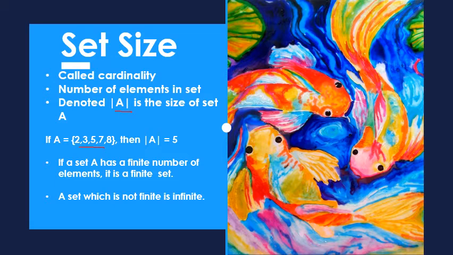So the cardinality of A is equal to 5. If a set has a finite number of elements, it is a finite set. A set which is not finite is an infinite set.